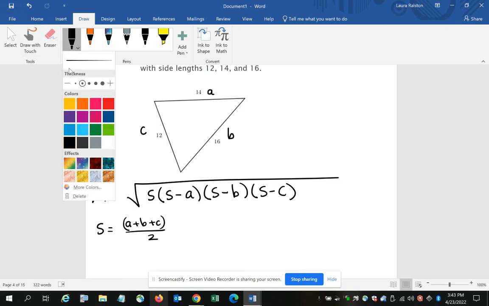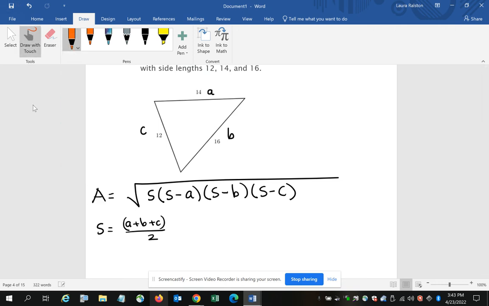So the first thing I'm going to do is calculate S. So to get S, I've got to do A plus B plus C, all divided by 2. So I'm using my calculator. 14 plus 16 plus 12 equals 42. And 42 divided by 2 is 21.